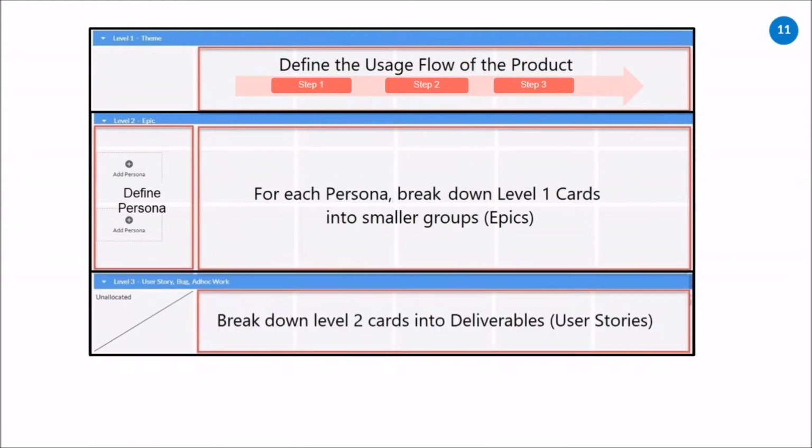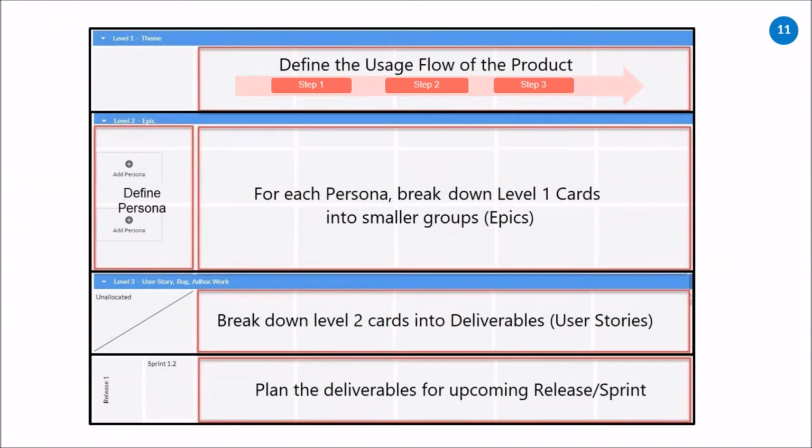And then you go ahead and break it down into small independent stories. This, of course, initially is not planned for any release or sprint, but as part of this visualization as well, we have ensured that you can go ahead and plan it against a release and sprint.